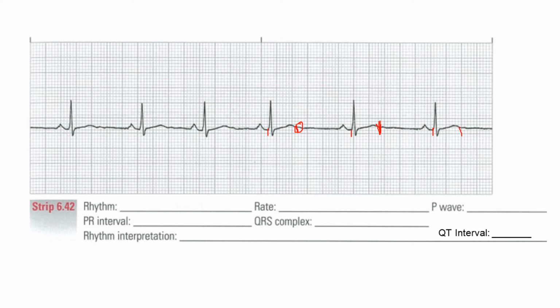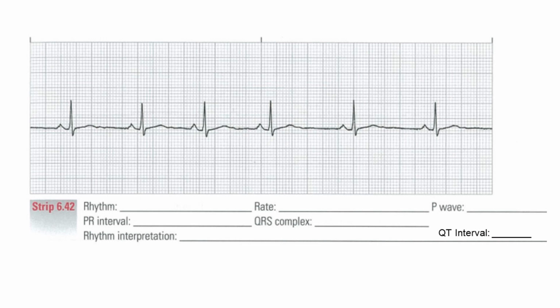So if you were to go to the end of the U wave, it looks like about 0.44, 0.46. Don't worry too much about that, but your QT interval is about 0.44.